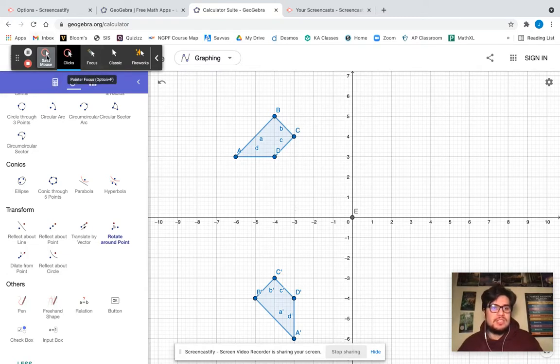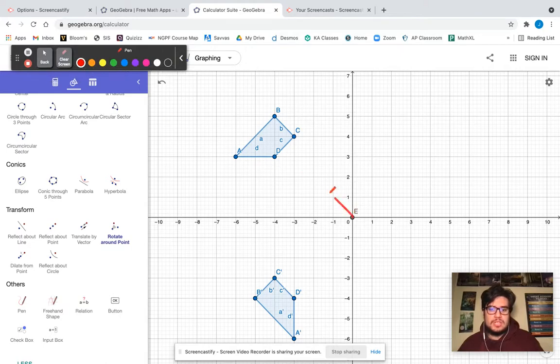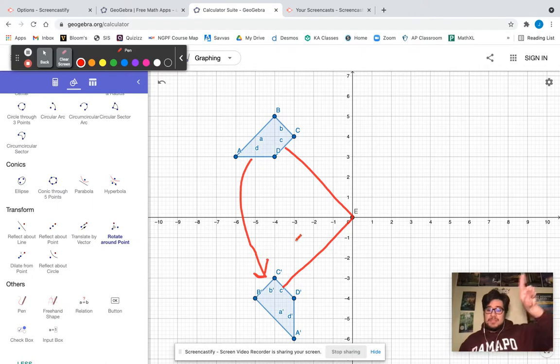Notice how it really looks like you just took it on a string and then just moved it all the way down, right? As if the string kept it attached to the point and just moved it down in a quarter turn.